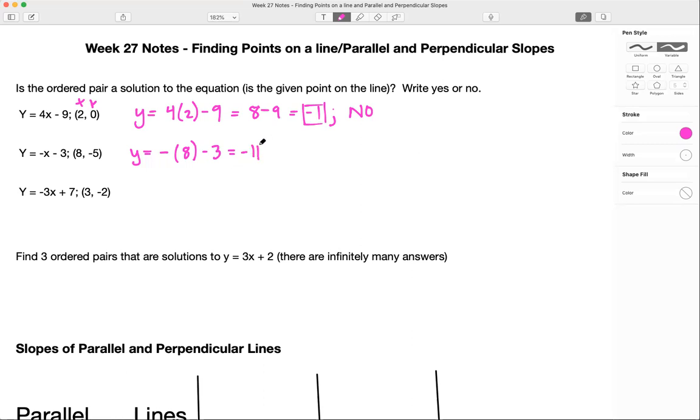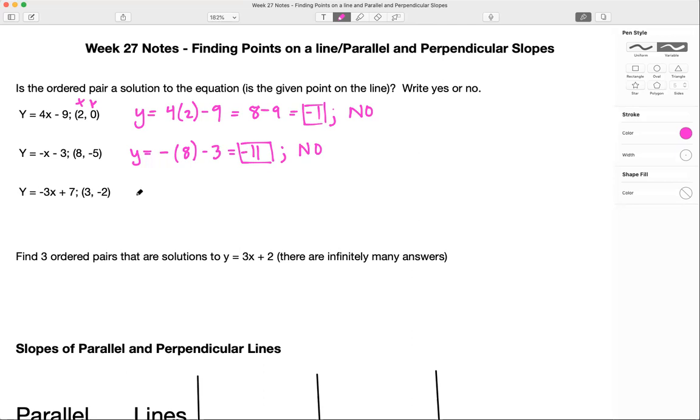Is negative 11 the same thing as negative 5? Of course not. So the answer is no. It is not on the line.